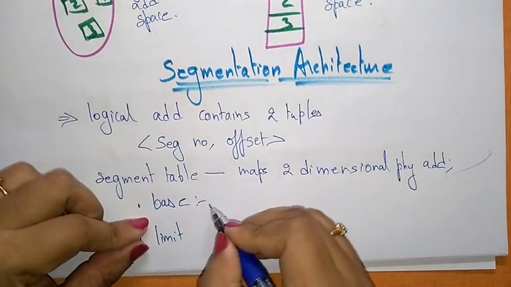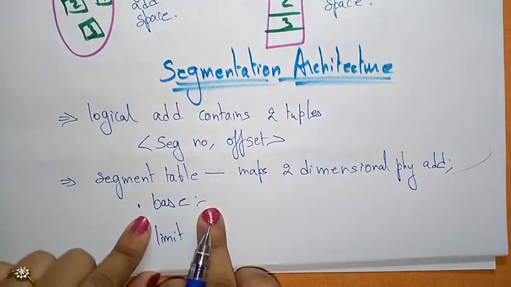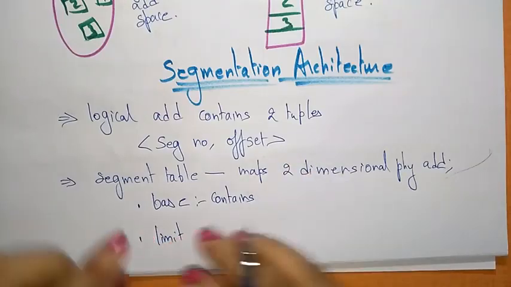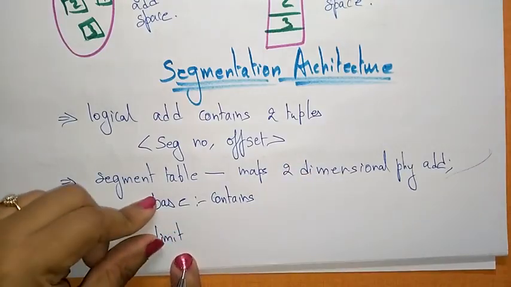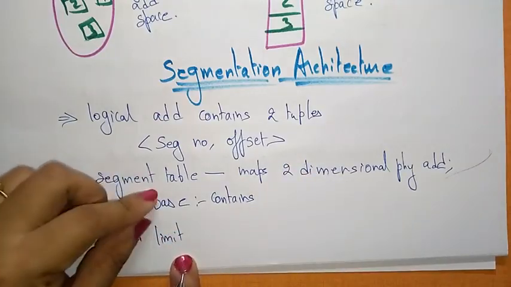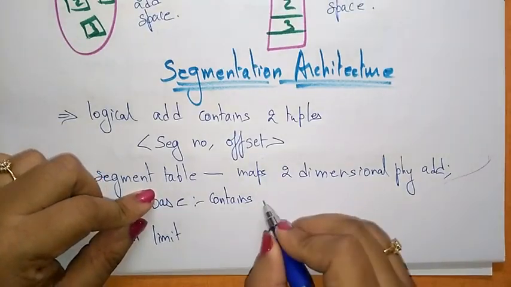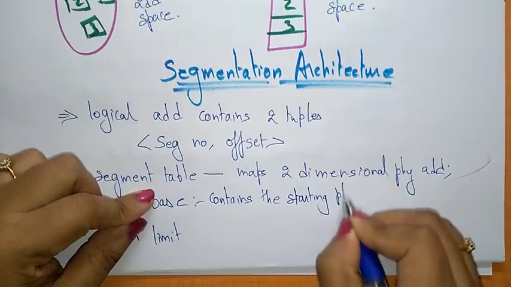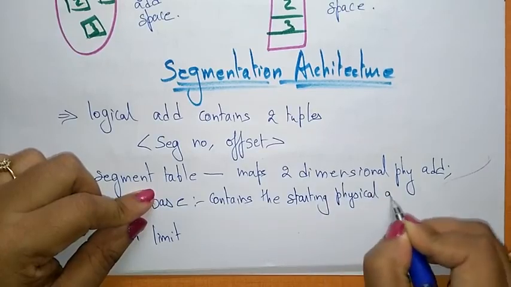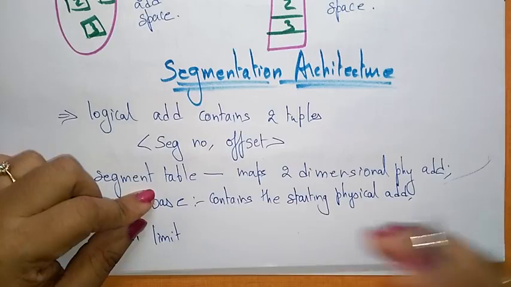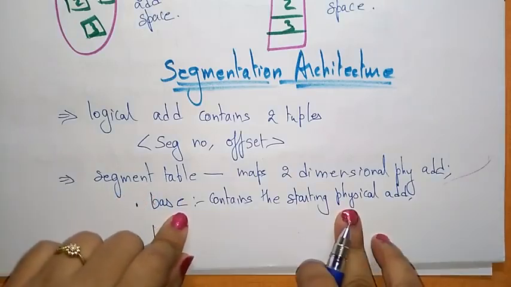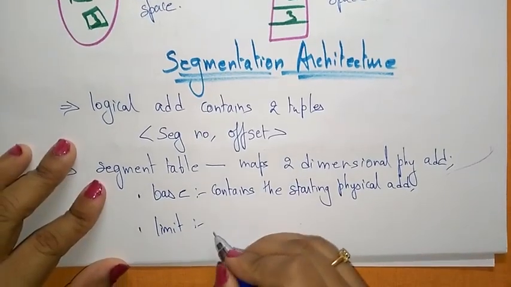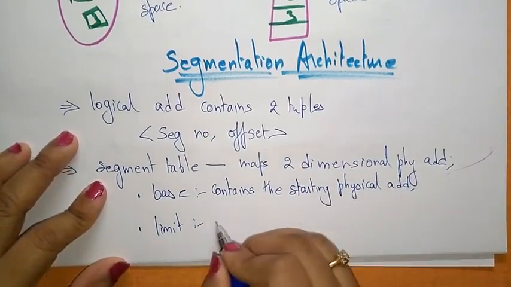The base contains the starting physical address. Just remember these terms, the base and the limit, which are present in the segment table. The base holds the starting physical address, where the segment resides in memory. The limit specifies the length of the segment.